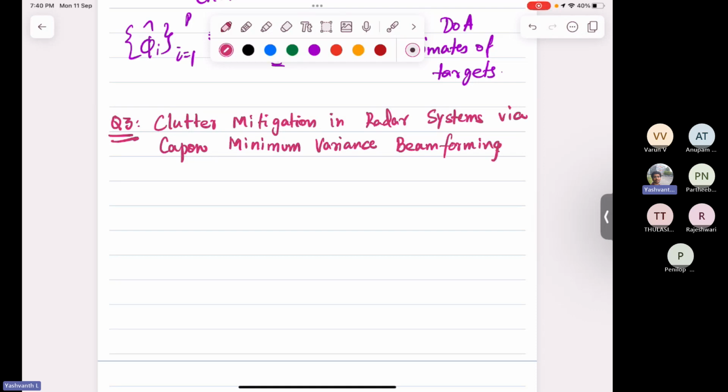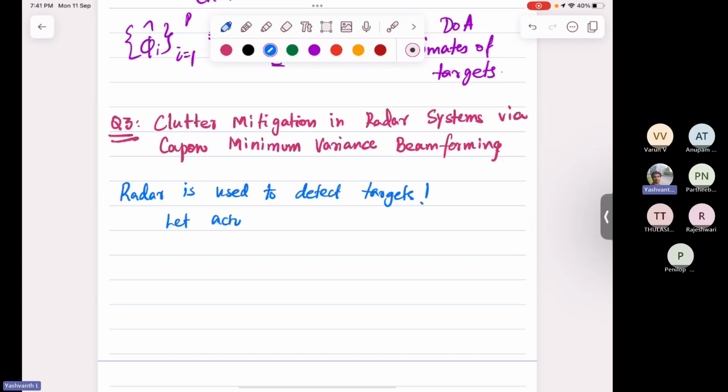Okay, so basically radar is a system which is used to detect targets in the environment. Let the actual target be at an angle, have a DOA, direction of arrival, of theta1.